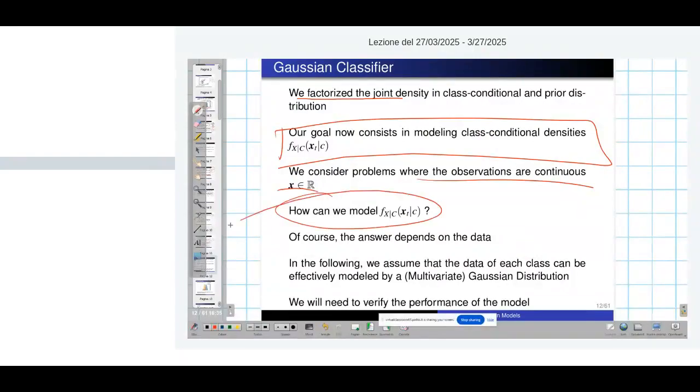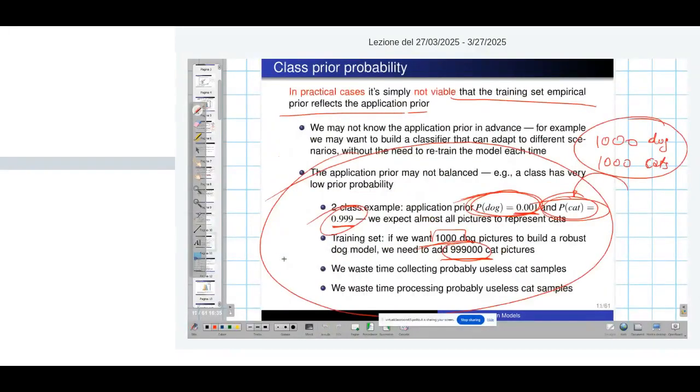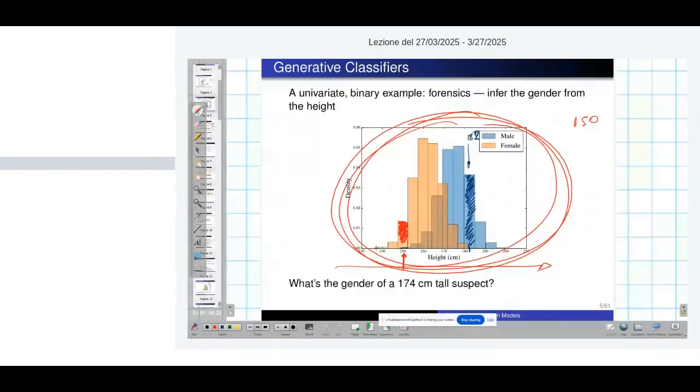We need to create a density model for our data. What is a good model? Well, the answer is it depends. I need to have more information on the specific task. For our task, we can observe that probably a Gaussian-like density will provide a good description of my data.